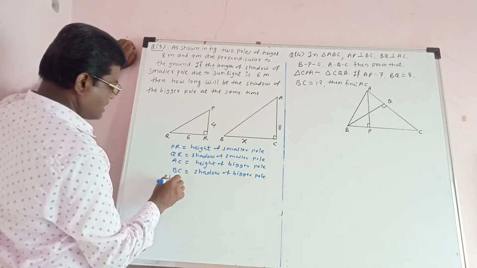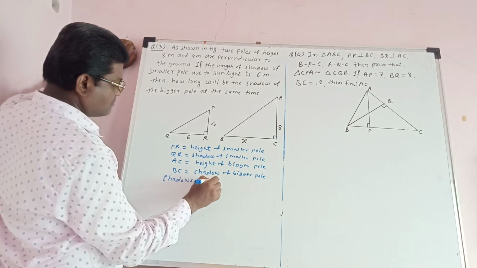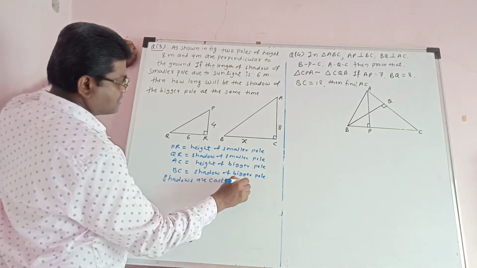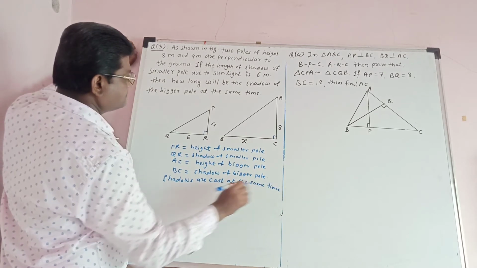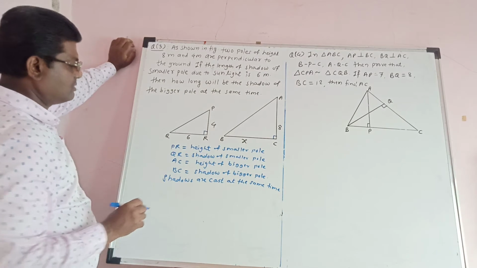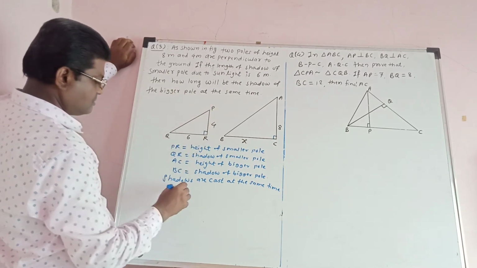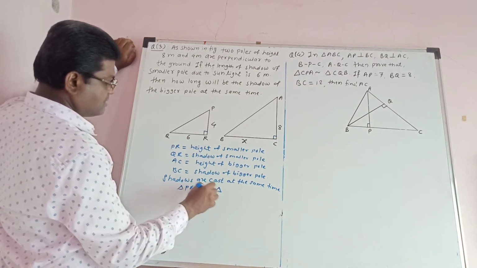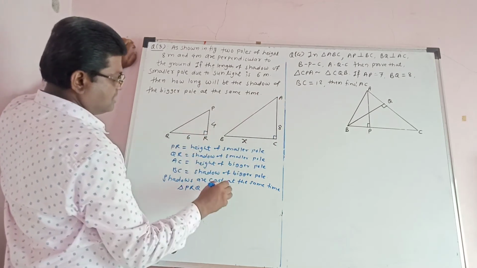Shadows are cast at the same time. Therefore, triangle PRQ is similar to triangle ACB.